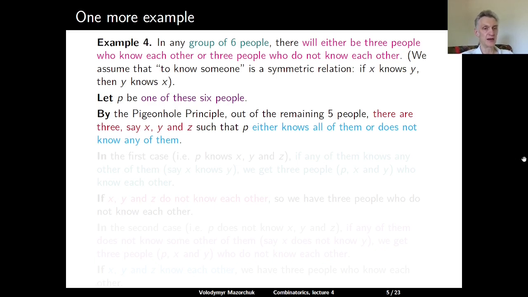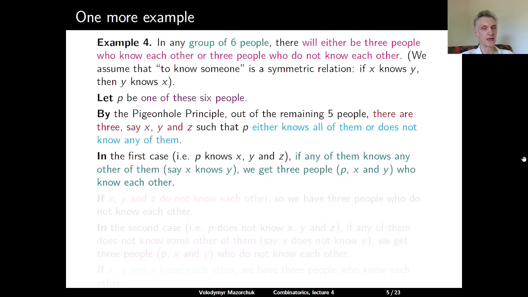Great, so we pick X, Y, and Z, and consider first the case where P knows X, Y, and Z. If any of these X, Y, and Z knows any other of them, let's say X knows Y, we have 3 people, P, X, and Y, who know each other. Great. If X, Y, and Z do not know each other, we have 3 people who do not know each other.